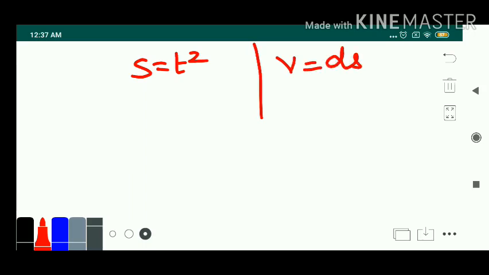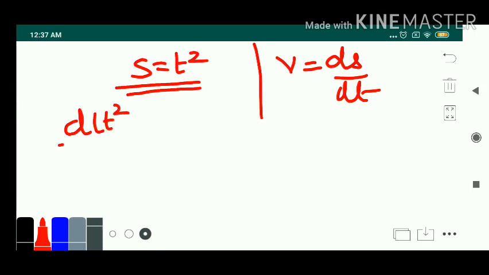Clear? So s is equal to t squared. That's our function, and I taught you that instantaneous velocity is ds by dt. So we just have to differentiate this term, guys. What is ds by dt? In place of s, I am writing t squared.